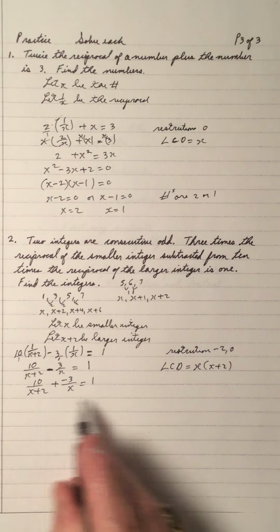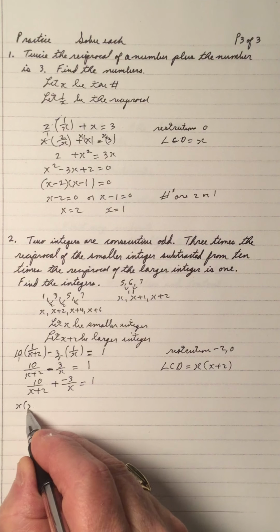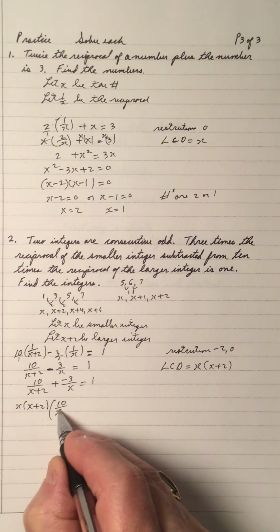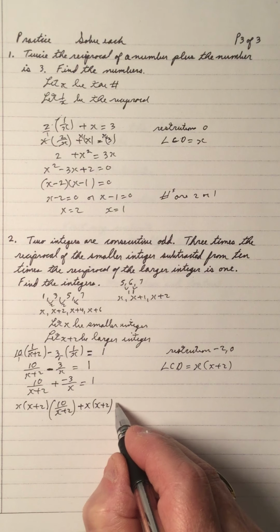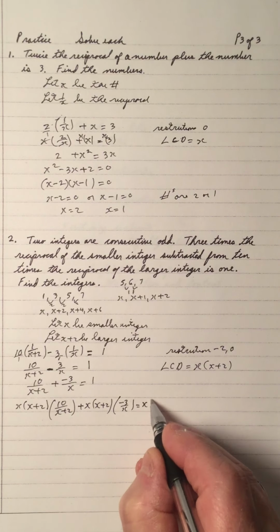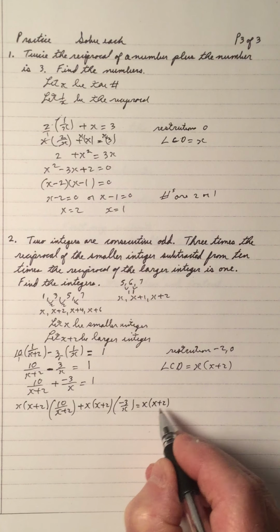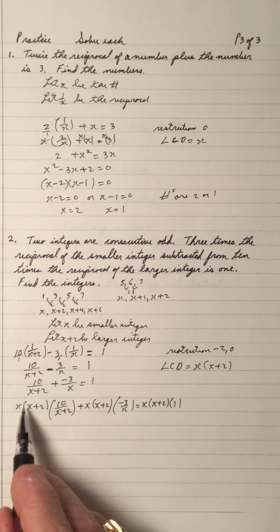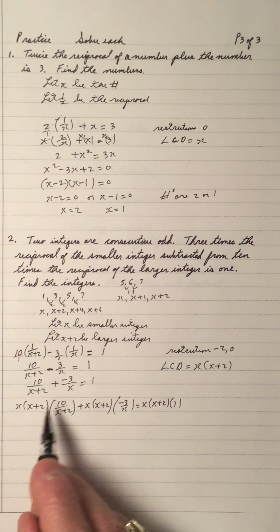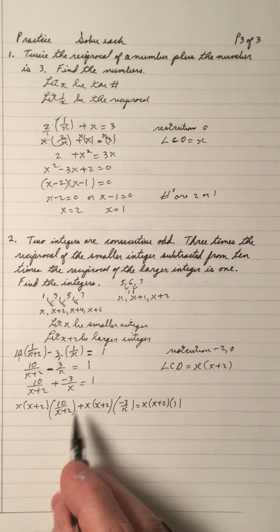Again, I'll write that down. So x and x plus 2 multiplied by 10 over x plus 2, and I have x times x plus 2 times negative 3 over x, and x times x plus 2 multiplied by 1. So I multiplied each one of these parts of the equation by x times x plus 2.